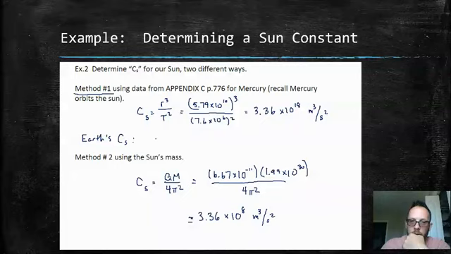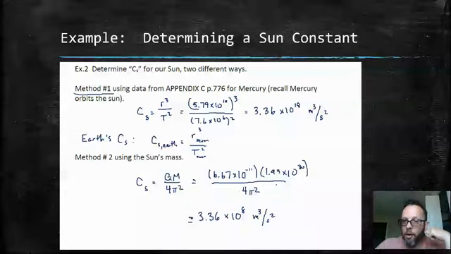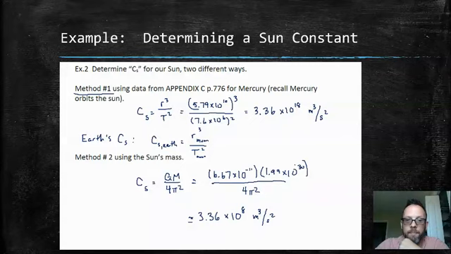If you said you would need the mean radius of orbit for the moon, divided by the period of the moon's revolution, then you'd be right. Using method 1, you need something orbiting that body. If we were to do this using method 2, if we plugged in the Earth's mass here, that would give us the Earth's sun constant.